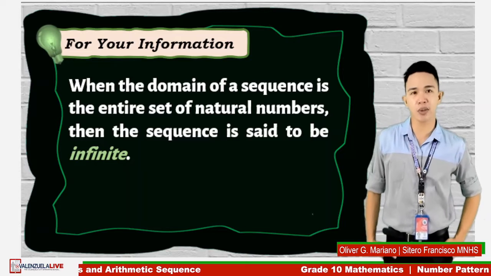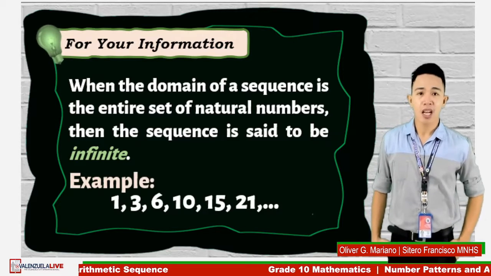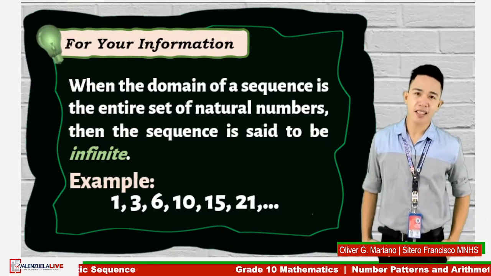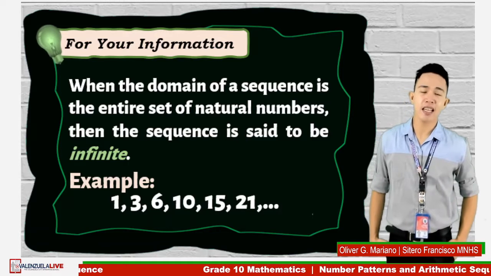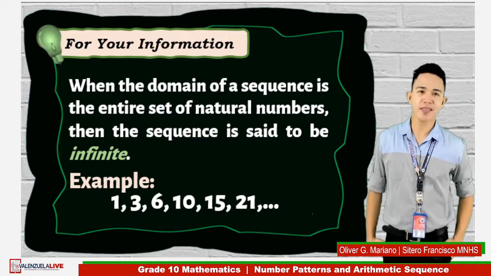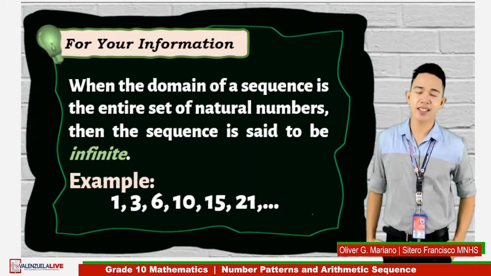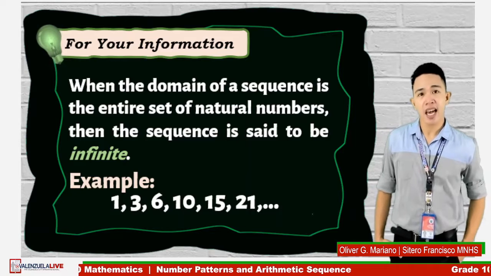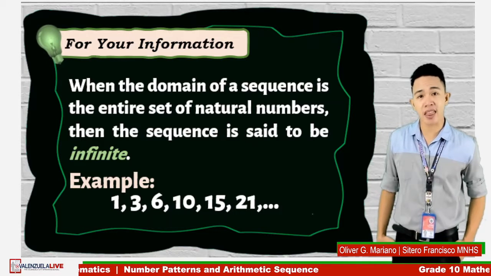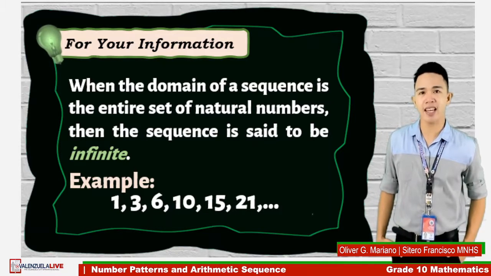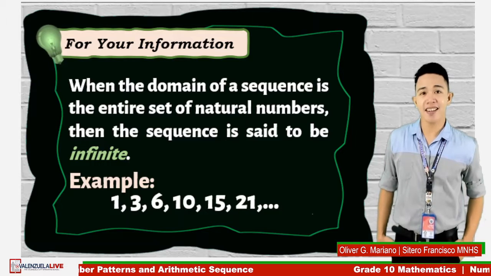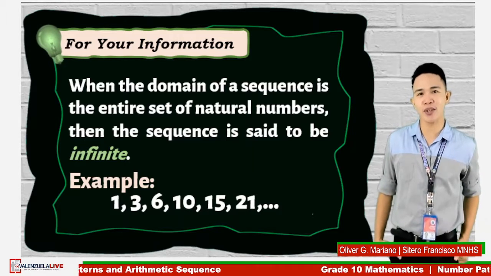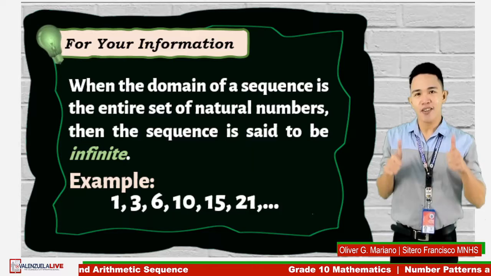As an illustration, we have 1, 3, 6, 10, 15, 21, and so on. In this sequence, the terms continue endlessly, and this is denoted by the 3 dots called ellipses. Are these concepts now clear to you? Very good.